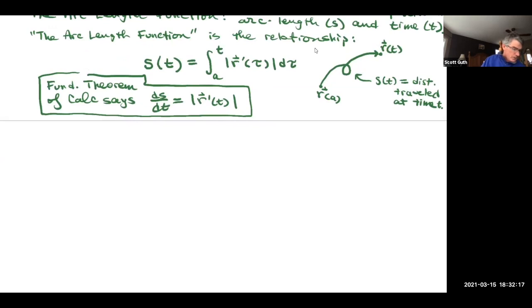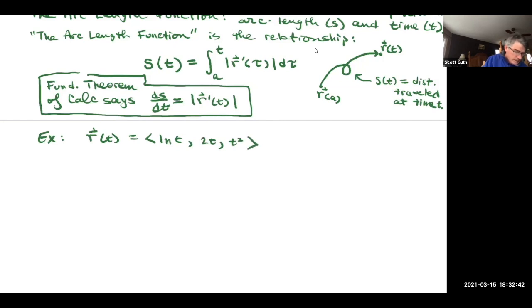Okay, so a little example here. We reused the function from a second ago. r of t was the vector function log t, 2t, and t squared.